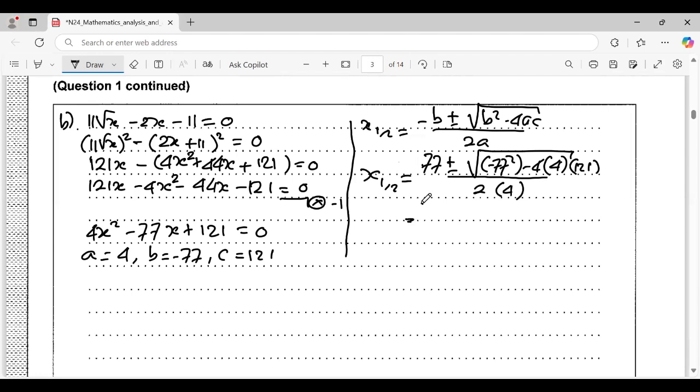I have calculated the square root as 63.19, over 8.